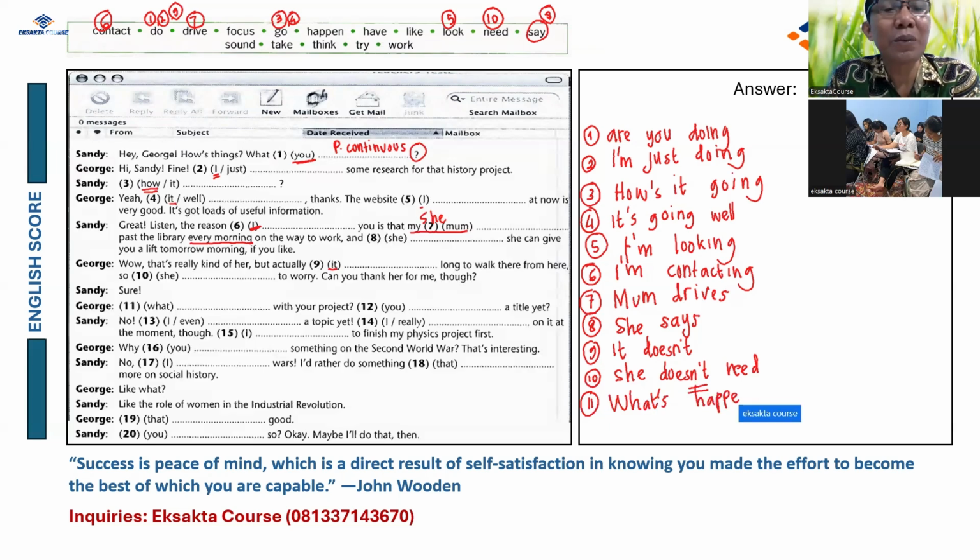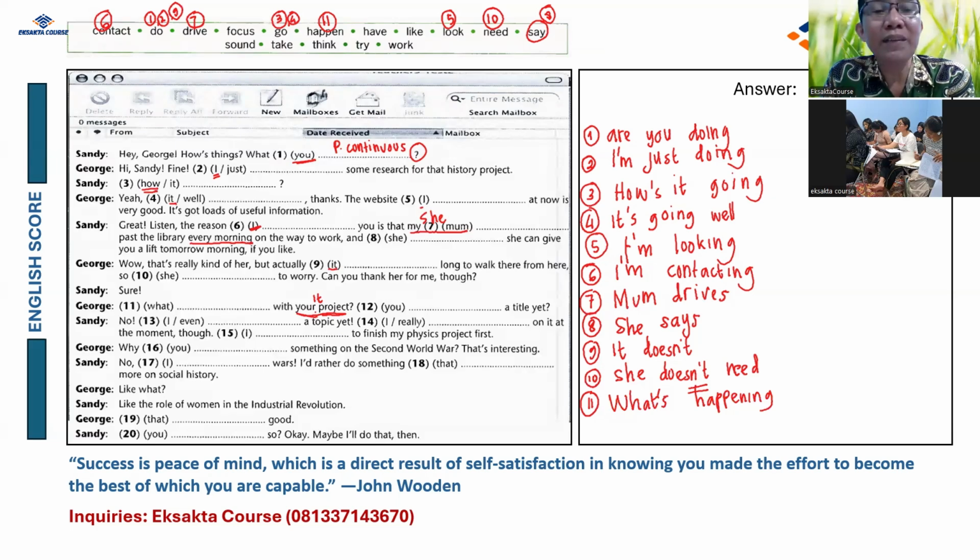The suitable word from the box is happening. Use happening with your project. Okay, once again, because we use it, so that's why is. What is happening? Okay, and then number 12.